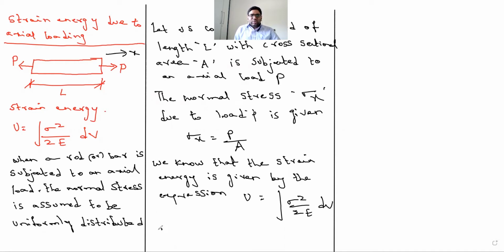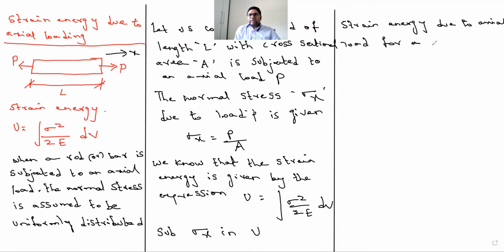Now substitute sigma x in U, and now we need to calculate the total energy of this bar for a length L. So the strain energy that we are going to calculate due to axial load for a length L is U equal to integral 0 to L, because we are trying to calculate for its whole length, of sigma square by 2E into dV.